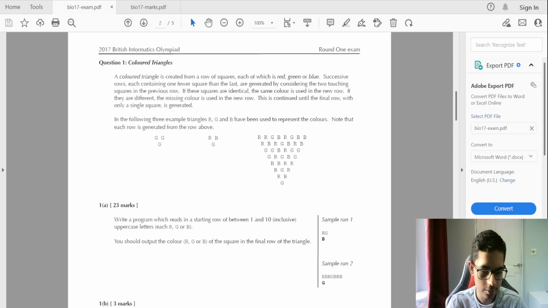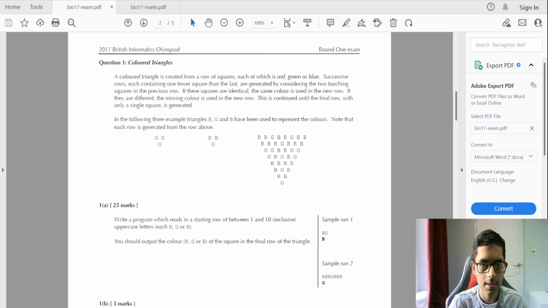The rule for combining them is that we take two adjacent characters, and if those two characters are the same, then the next character they form will be identical, the same as the previous two above. If they're different, let's say the first one was R and the second one was G, then the next character would be the third character which isn't one of the previous ones.